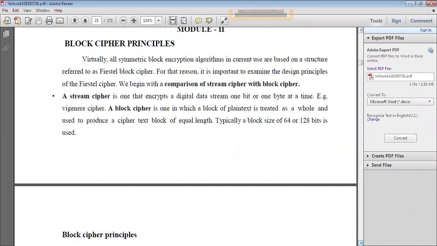These all are substitution techniques. What are the transposition techniques? Rail-fence technique, row transposition technique, and Feistel structure technique. So these are the techniques you have to use in the type of operation of encrypting or decrypting the data.